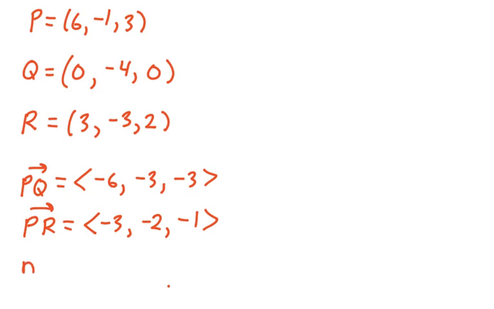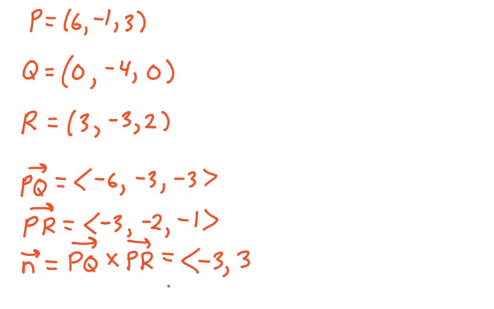And so my normal, right, same game, is PQ cross PR. And when I go ahead and do that, I get the following. I get 3 minus 6 is negative 3. 6 minus 9 is negative 3, but we have to take the opposite, so you get 3. And then 12 minus 9 is 3.